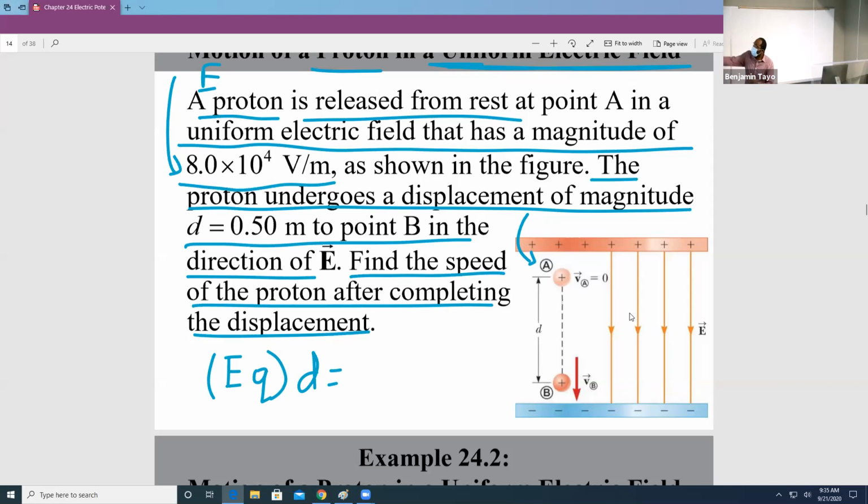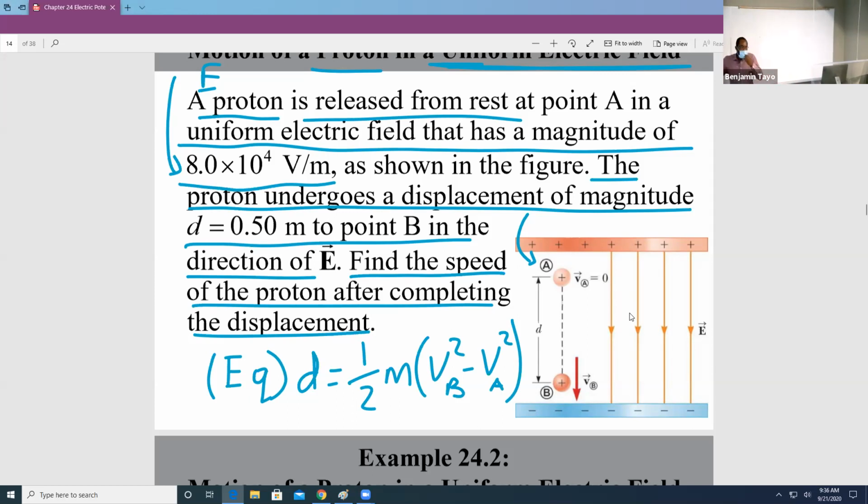The proton starts from rest, the speed was 0, and it's going to pick up speed. When something picks up speed, what does that tell you about the kinetic energy of the system? It's going to increase, right? So you're just going to write this as 1/2 times the mass of the proton times the speed at point B squared. So that's the equation that we need to solve.